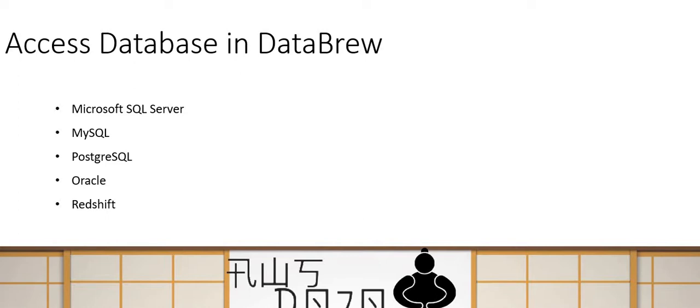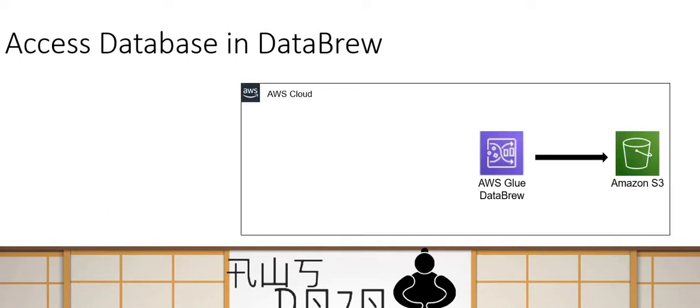So moving on. When you are trying to access data from the database in DataBrew, transform it, and save it into an S3 bucket, your database could be located in a couple of possibilities. I'm talking about 3 high-level possibilities here, but there could be scenarios beyond that.